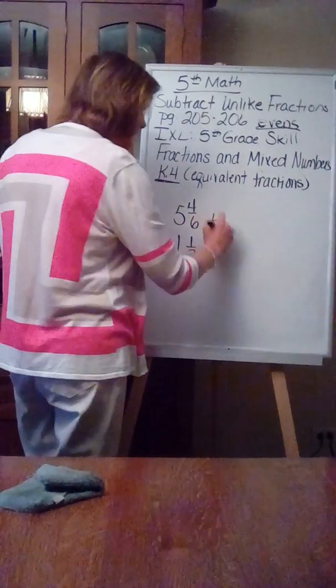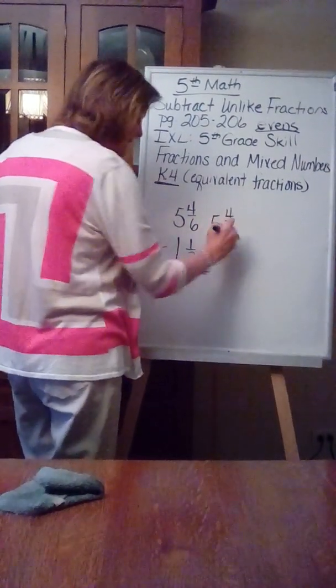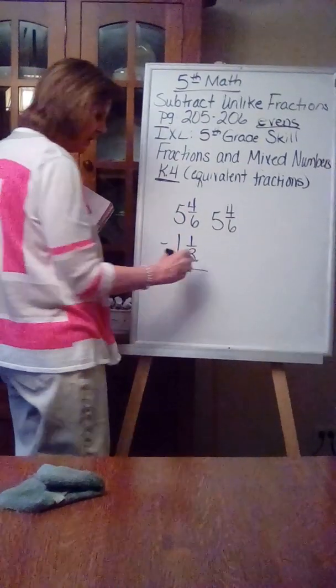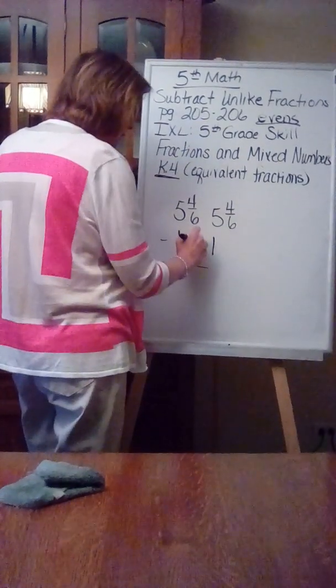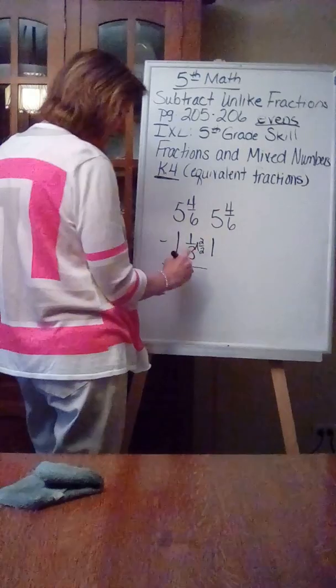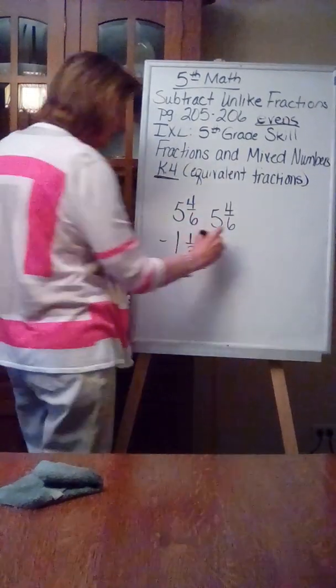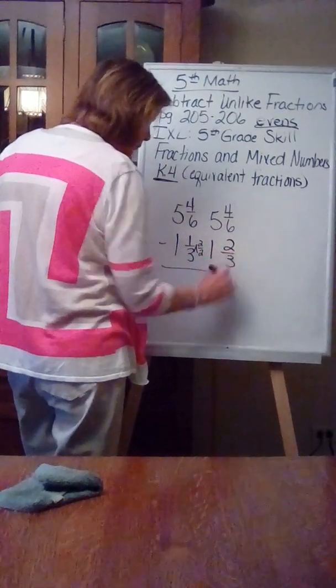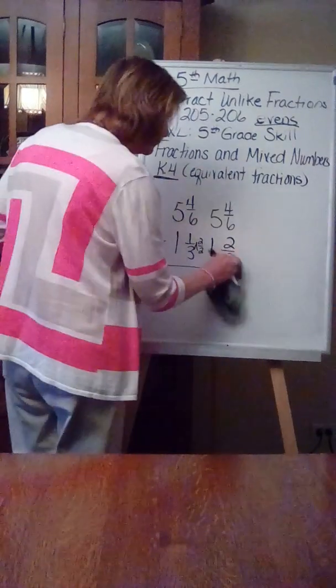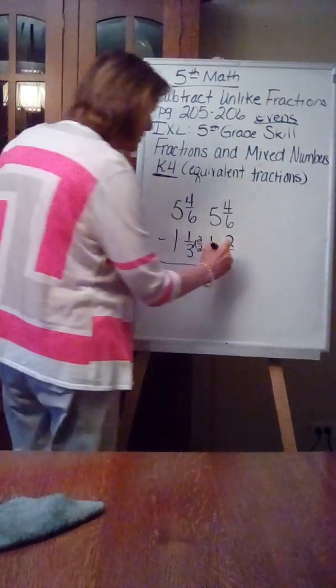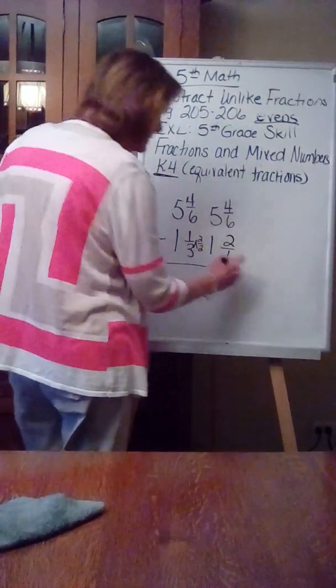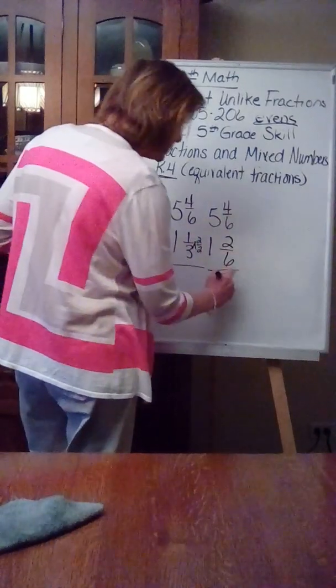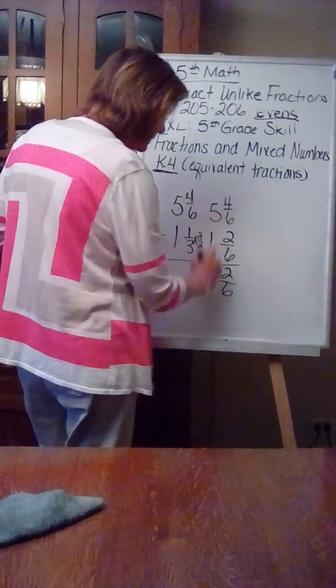All right, so I'm going to leave this at 5 4/6 because 6 is my higher denominator. And I'm going to convert this so that I can get this to 6 because 3 is a factor of 6. So I've got 2, oops, sorry guys, 3 times 2 is 6. Now I can subtract. 4 minus 2 is 2/6.